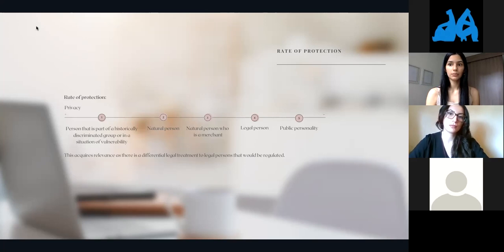As you can see on the following figure, there is a higher rate of protection when it comes to people who have historically been discriminated against or are in a situation of vulnerability, such as indigenous groups, Afro-Colombian groups, LGBTQ groups, and so on. Creando así la Corte en su regulación diferentes arquetipos de protección. The Colombian Constitutional Court has thus created different archetypes of protection.